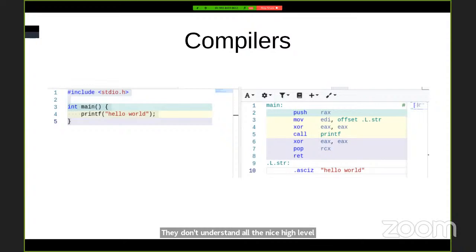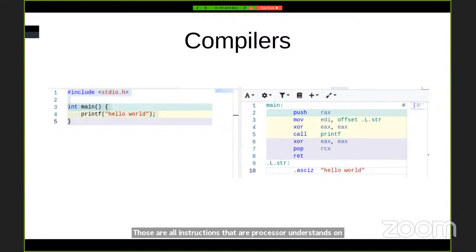They must be translated to a very, very basic language called assembly language. And on the right, you see that assembly language, which has instructions like push, move, XOR, call, pop, ret. Those are all instructions that a processor understands.